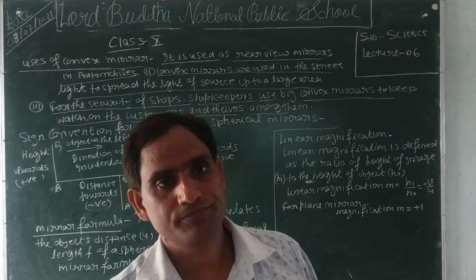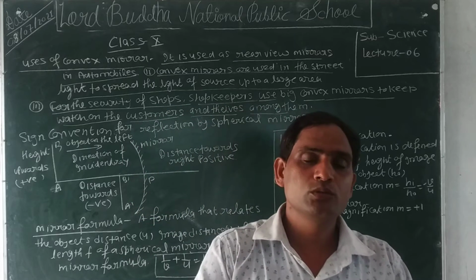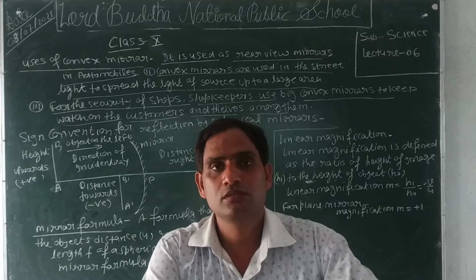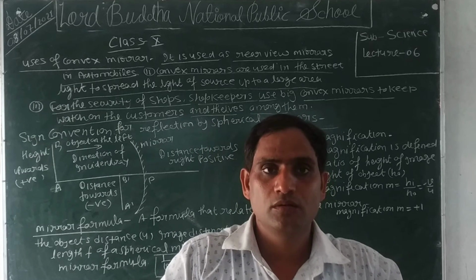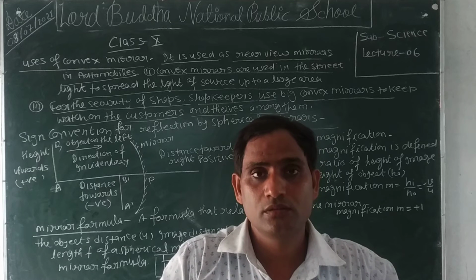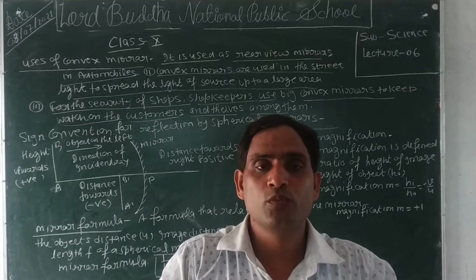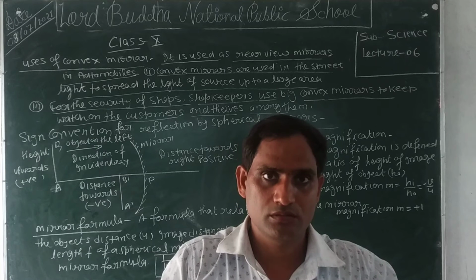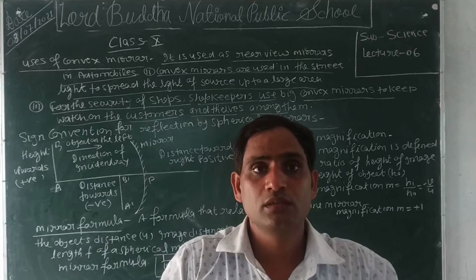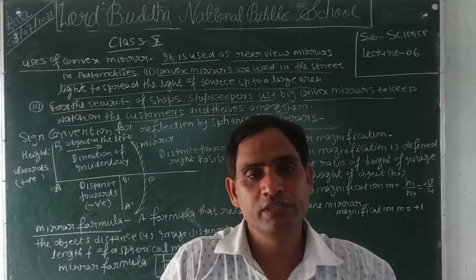We see that according to new sign conventions, the object is always kept left to the pole, and the pole is taken as the origin. It means that the light always falls on the mirror.